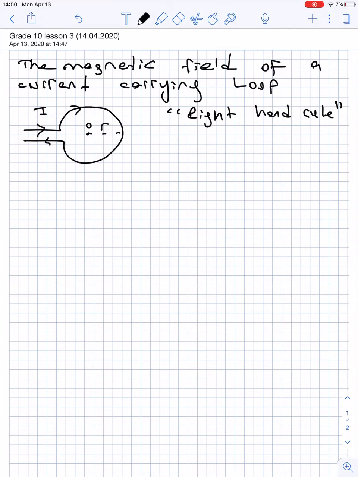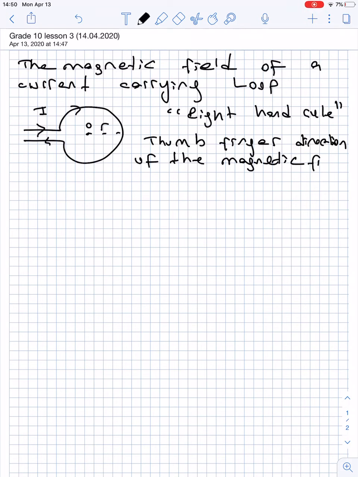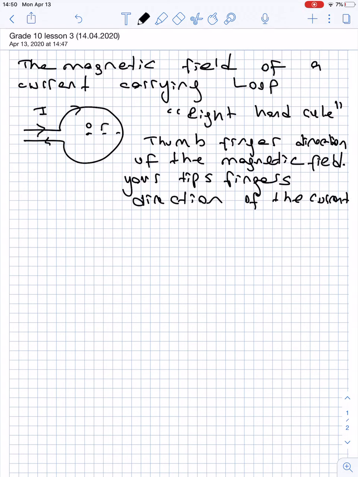For this, your thumb shows the direction of the magnetic field, your fingertips show the direction of the current.